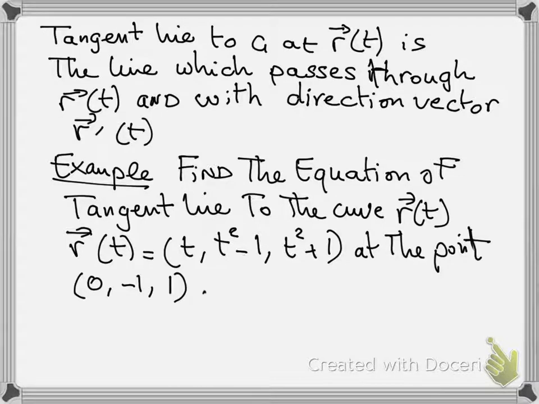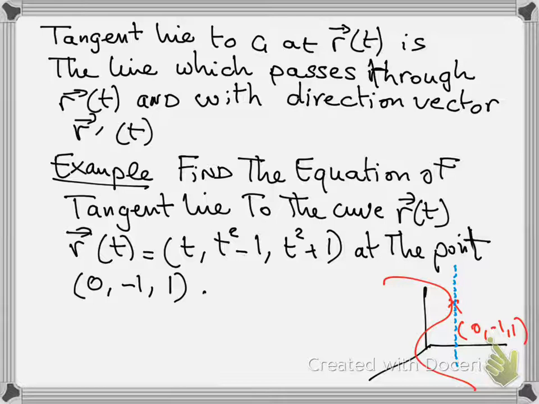Again, here's my curve, and here's my point 0, negative 1, positive 1. I want to find the equation of the tangent line, so that would be this line here, the tangent line to the curve at this point.